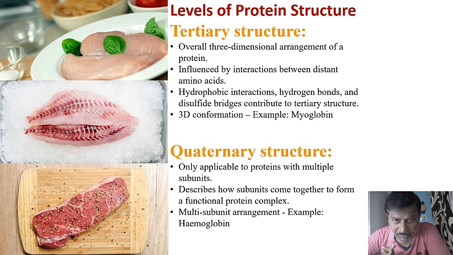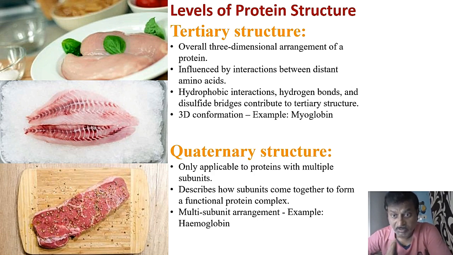So this quaternary structure describes how these subunits come together to form a functional protein complex. This multi-subunit arrangement is seen in several enzymes in our body. Some enzymes have a quaternary structure. Example, hemoglobin, which is present in our RBC, red blood corpuscles, has 4 globin units combined with 4 heme moieties, and all the 4 subunits join together to form a quaternary structure.